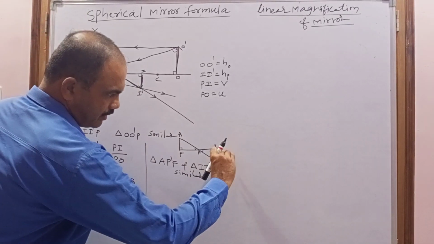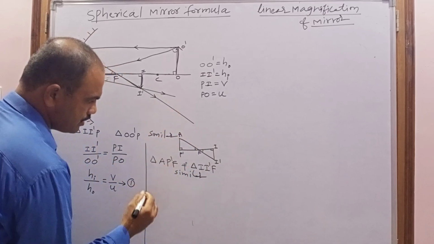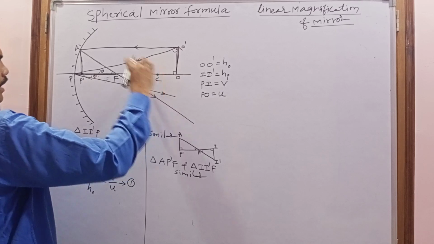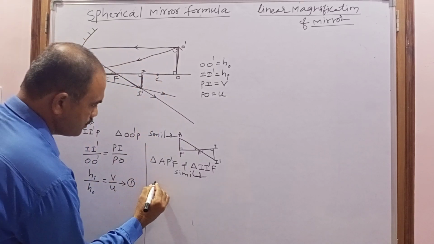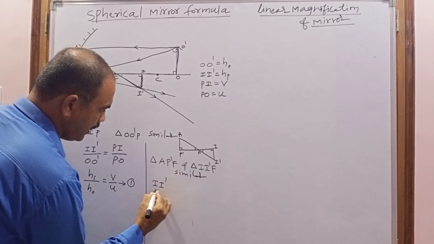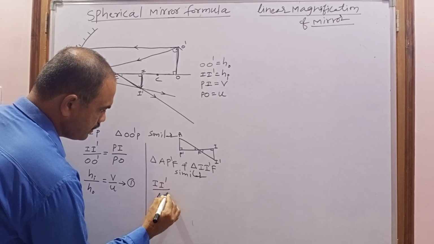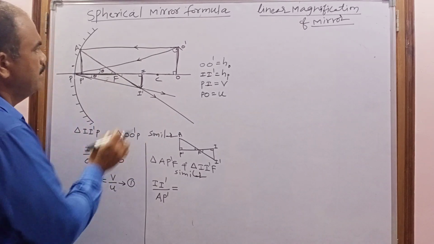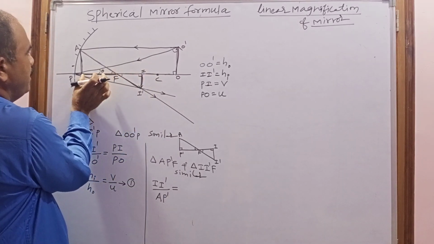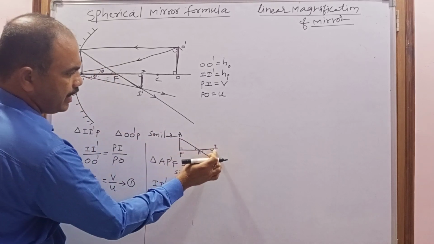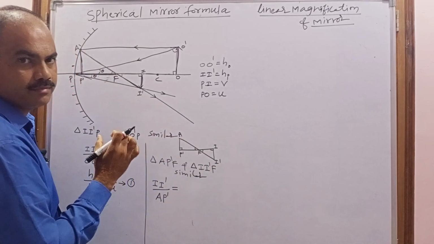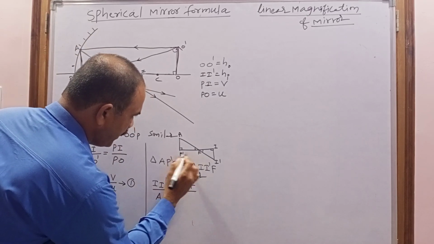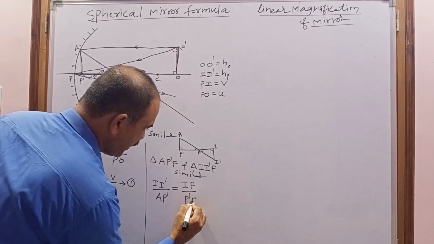What corresponding side? This is I dash, and the corresponding side here is AP dash. So I dash by AP dash is equal to, and the next two corresponding sides, IF by P dash F.